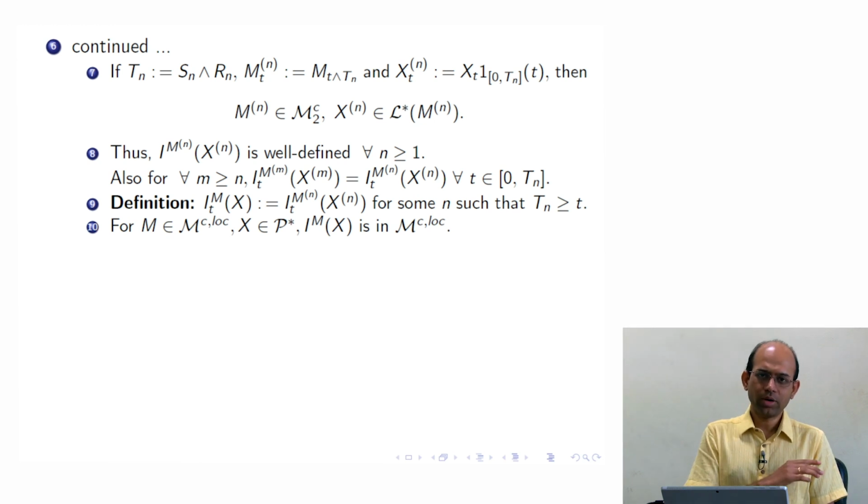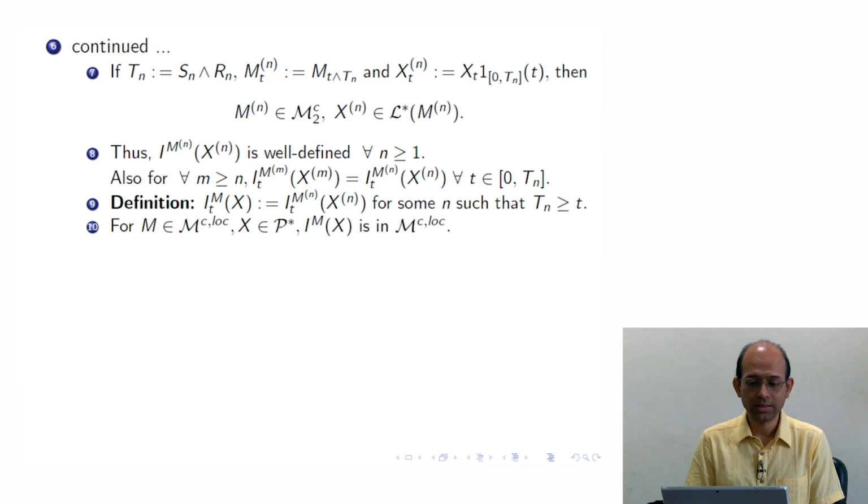So remember what we have done earlier: we considered square integrable martingales, and then we defined the stochastic integration to be a square integrable martingale satisfying certain things, correct? But here we are not doing it that way. We are cooking up this limit, this stochastic integration, and we therefore need to cross check whether this is really in this class.